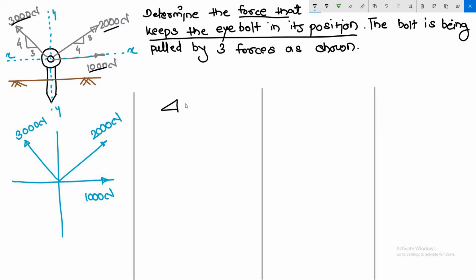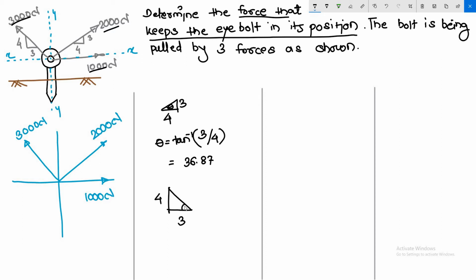Here the slope is given as 3 vertical and 4 horizontal. Therefore, to find this theta, theta will be tan inverse of opposite 3 over adjacent 4, which comes out to be 36.87. Again, we have been given the slope for this 3000 Newton force, which is 4 vertical and 3 horizontal.